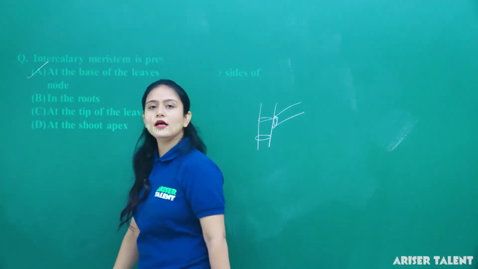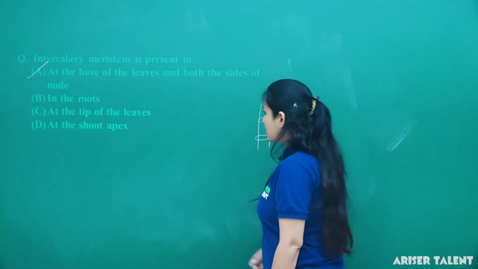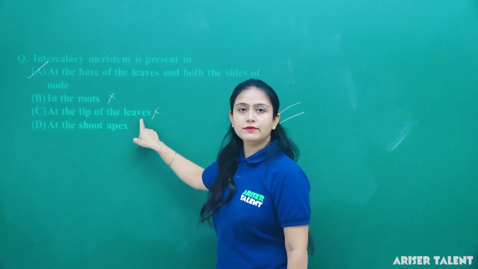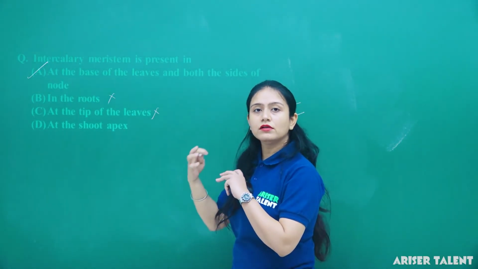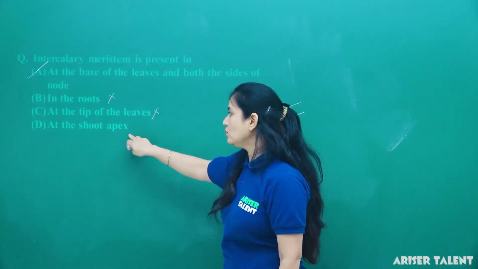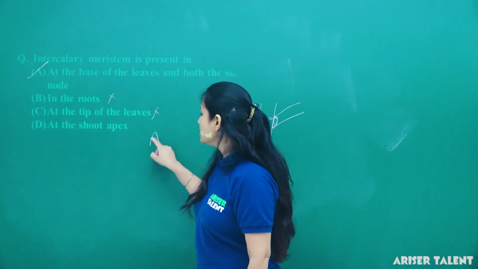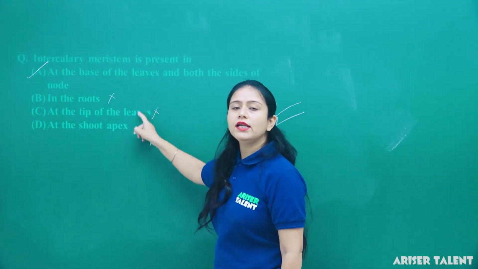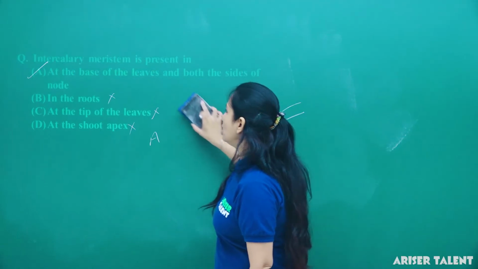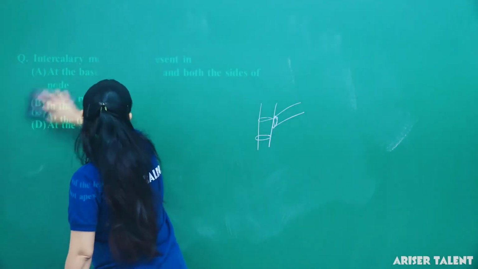So option A is the correct answer. It's not present in the roots, we all know. At the tips of the leaves, no, because at the tips of the leaves we need something to grow in length. At the shoot apex, no, because at the shoot apex again something is required to grow in length, and that is apical meristem. So again it is the wrong option. So option A is the correct answer.